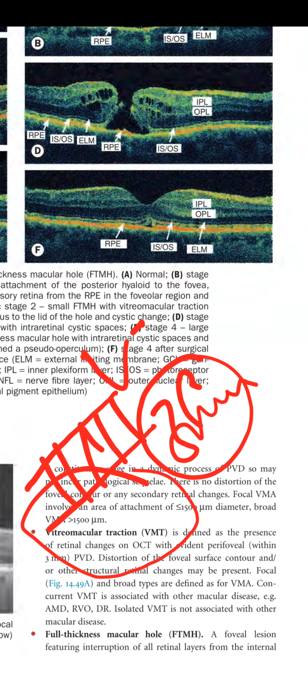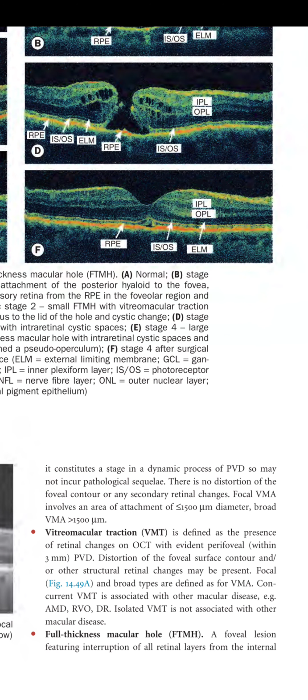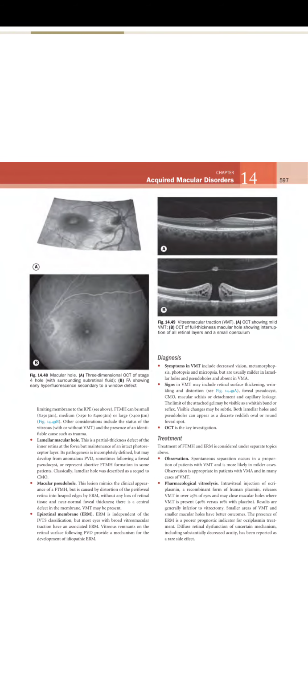It is known as vitreomacular traction. Focal and broad types are defined as for VMA. Concurrent VMT is associated with other macular diseases, for example AMD, RVO, diabetic retinopathy. Isolated VMT is not associated with other macular diseases.